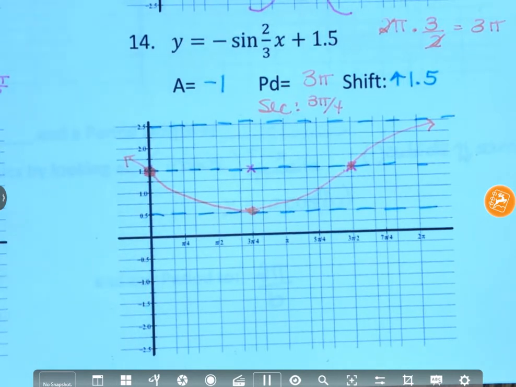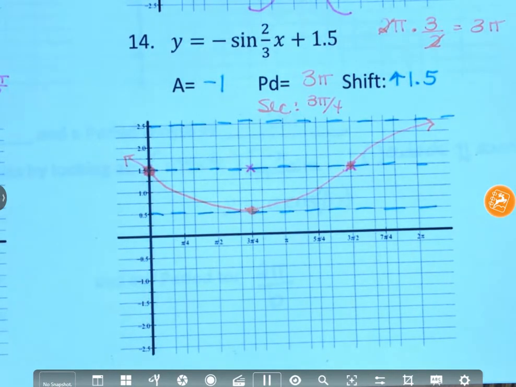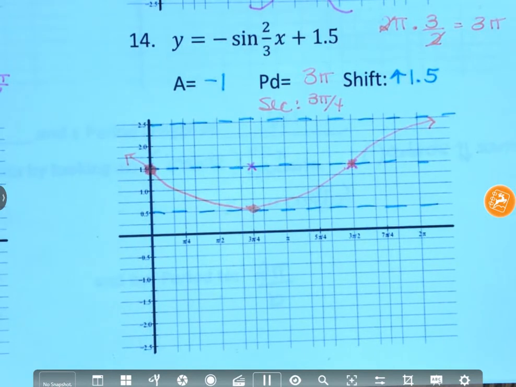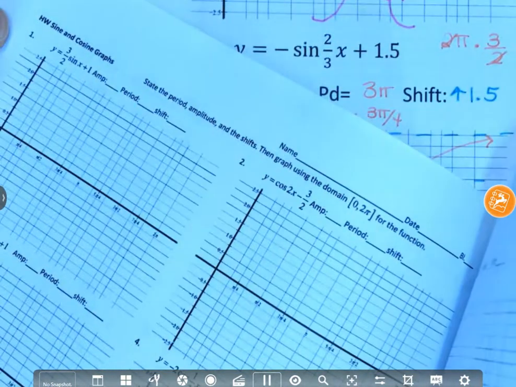In your handouts that I gave you, the next 2 pages, so it'll be on the back and then the front. Those are your homework. So your homework is homework sine and cosine graphs.